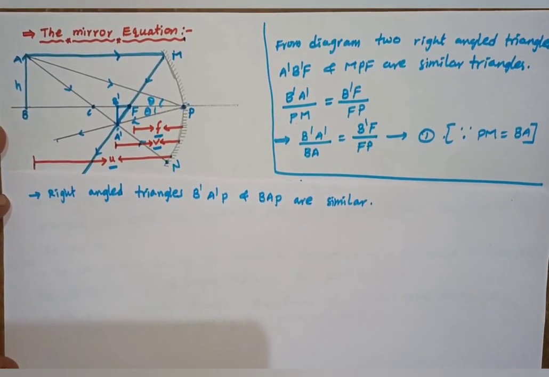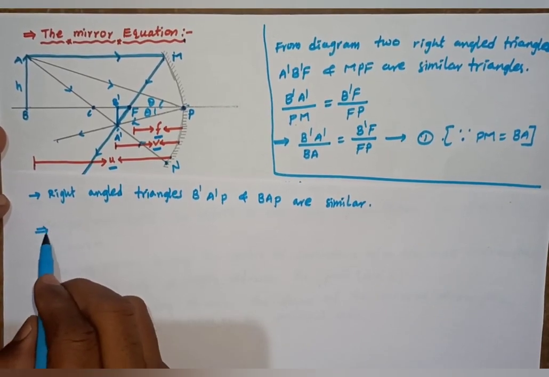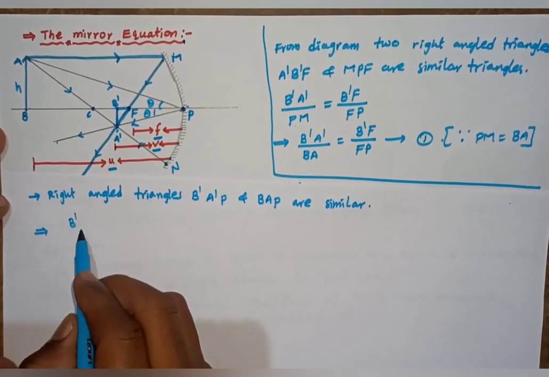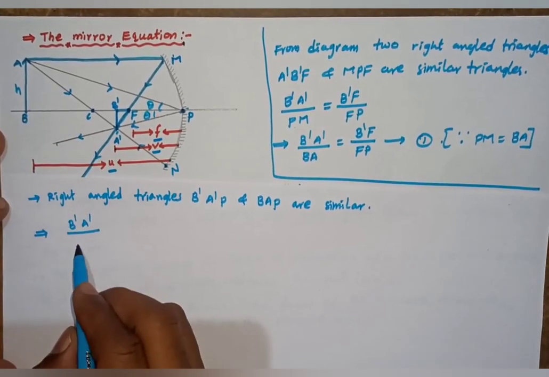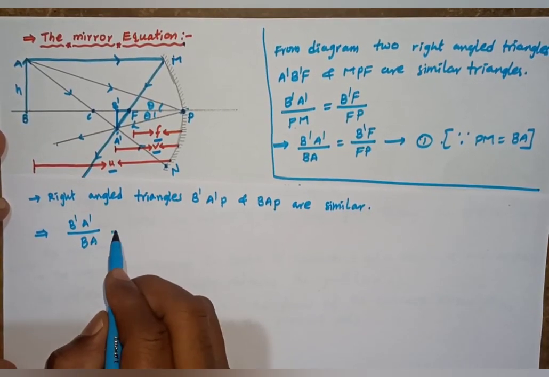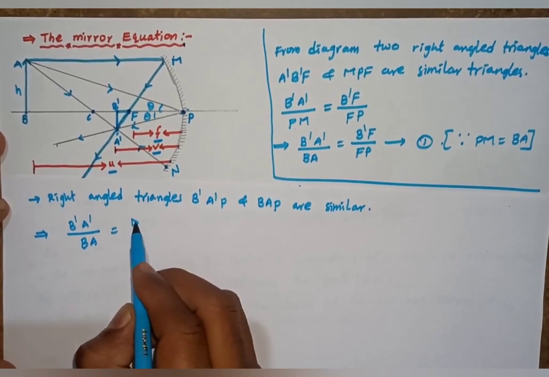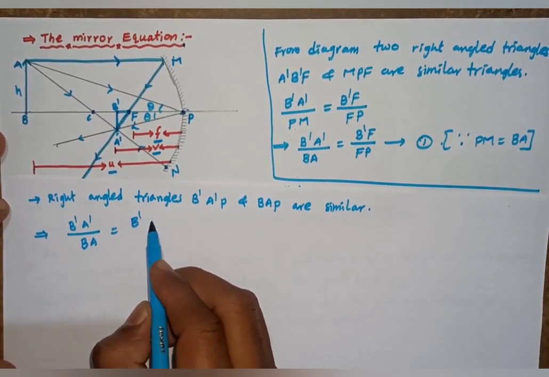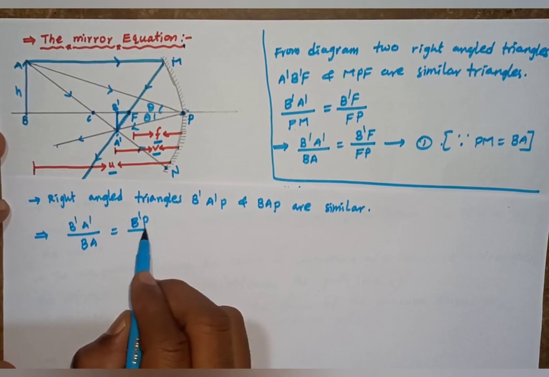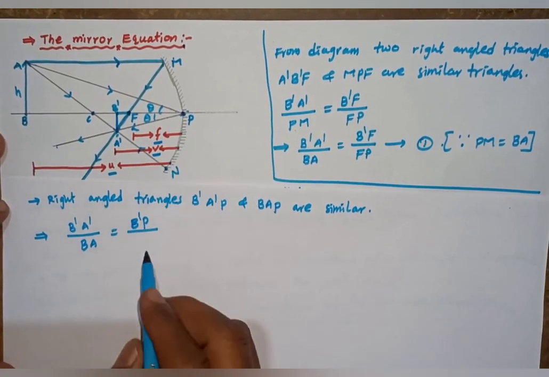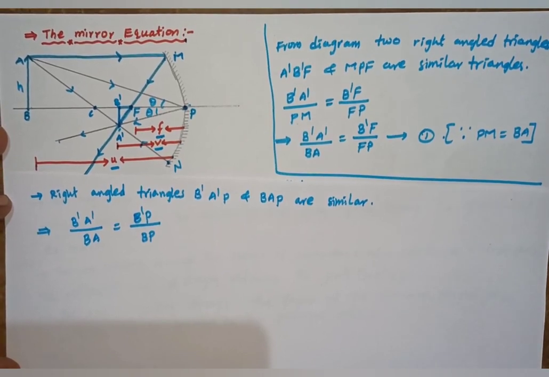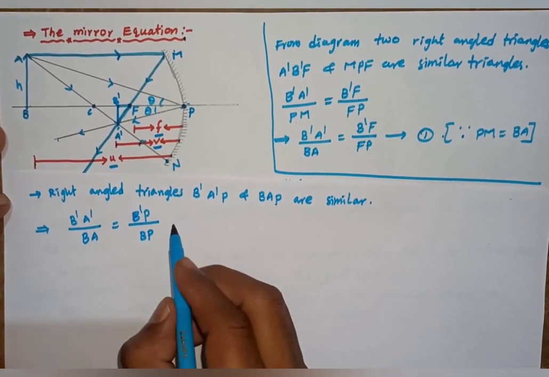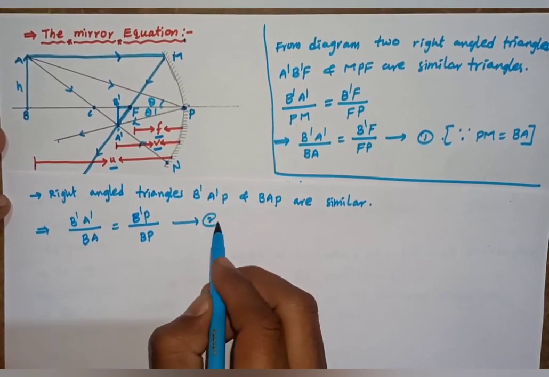From the similar triangles rule, B dash A dash divided by BA equals B dash P divided by BP. This is equation number 2.